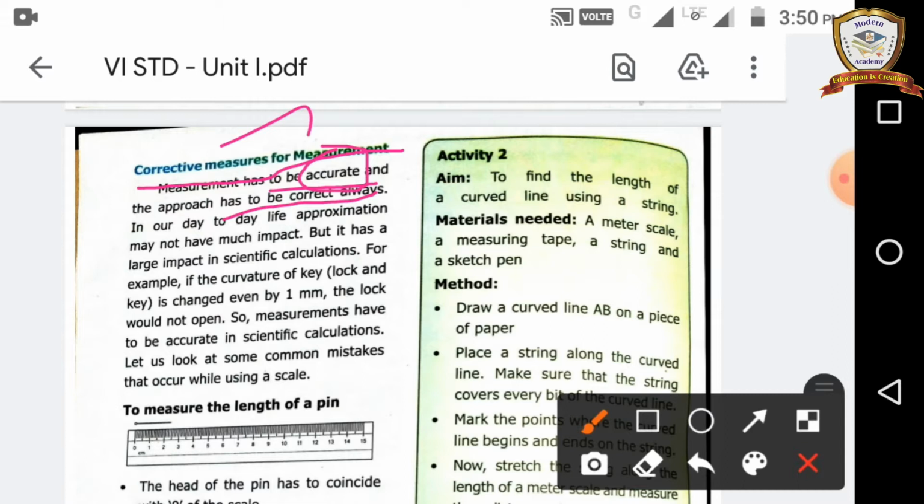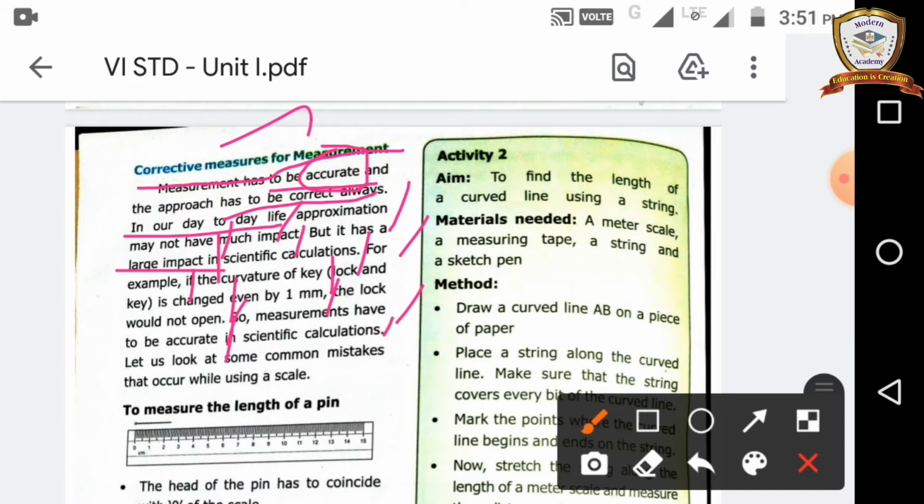In our day-to-day life, approximation may not have much impact, but it has a large impact in scientific calculations. For example, if the curvature of a key is changed even by 1 millimeter, the lock would not open. So measurements have to be accurate in scientific calculations.